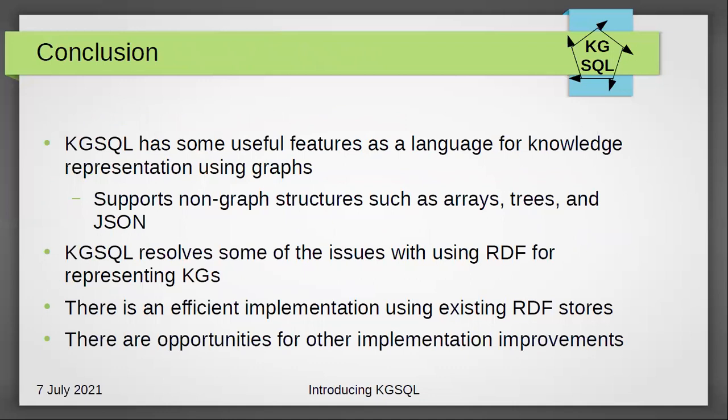So here's the conclusion. This is a new language that has some useful features, such as supporting non-graph structures such as arrays, trees, and JSON, and even some nice new features for relations. And so it unifies a number of different ways of specifying data.